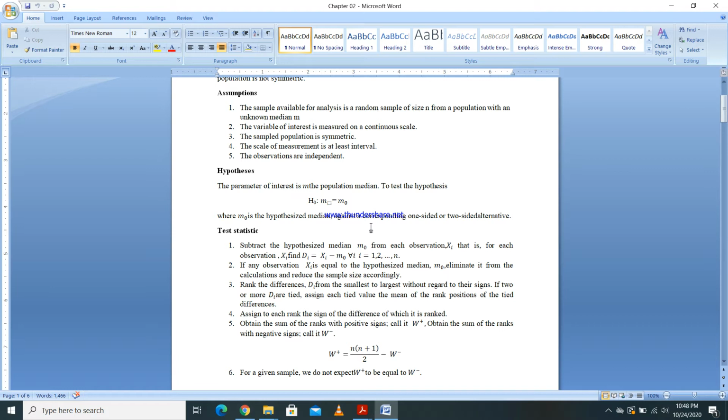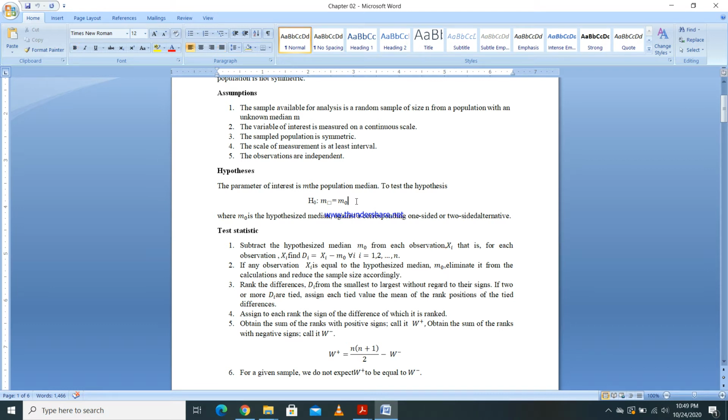Now, in order to calculate the test statistic for the signed rank test, you have to do some calculations. First, you take your data set, and then you subtract the given median value from each and every observation.